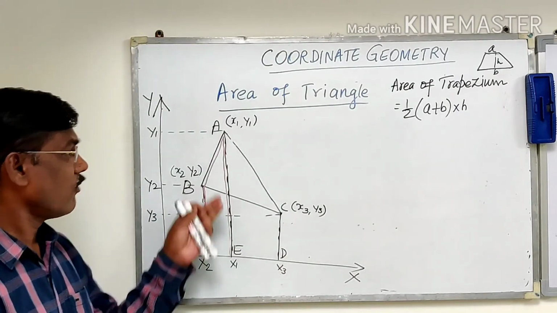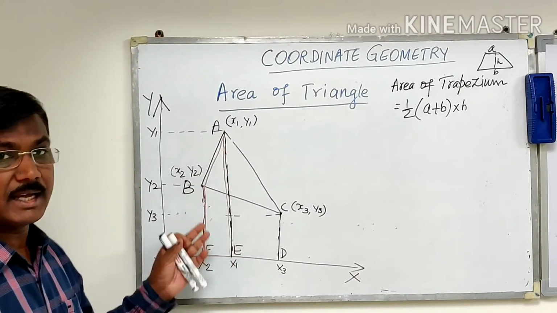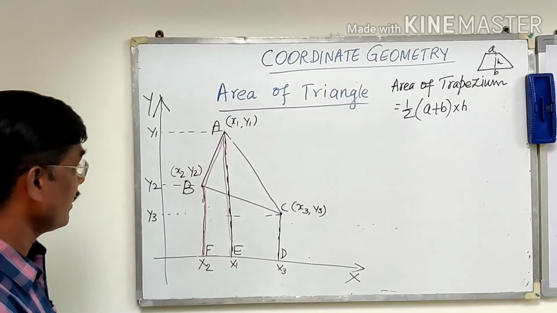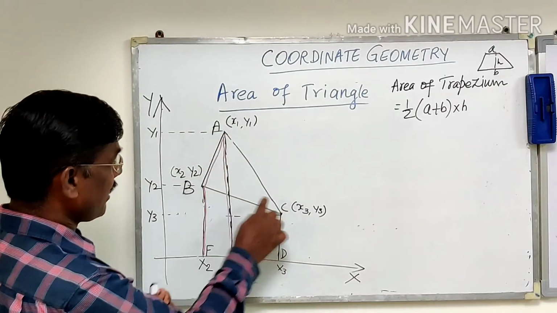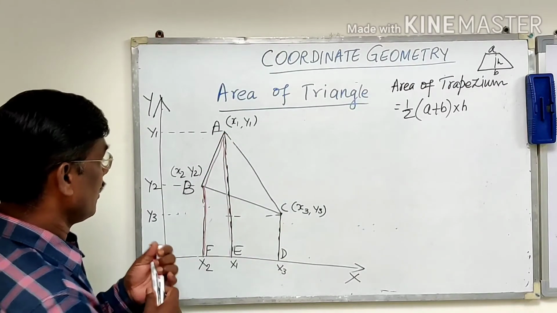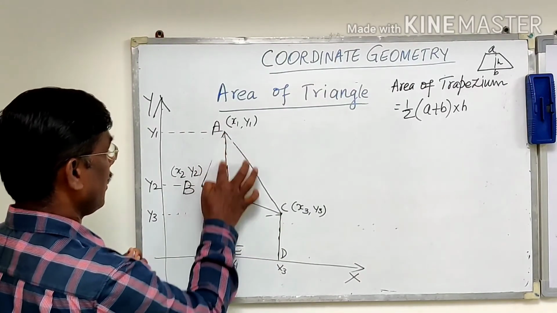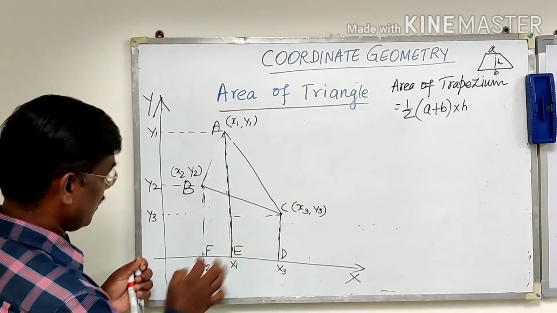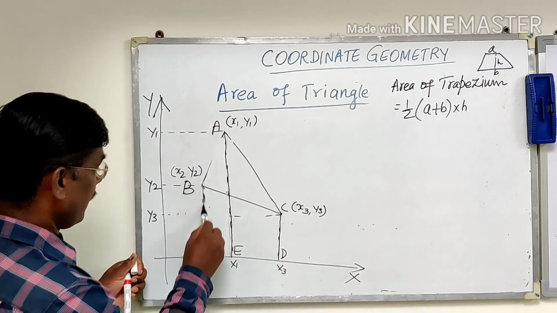Okay. First of all, why do we need to find the area of trapezium instead of area of triangle? That I will explain. I will remove this red line.